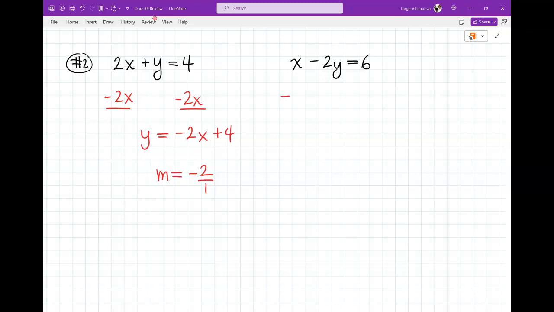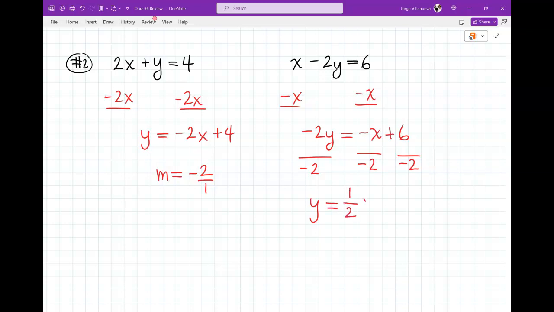Okay, same thing. Okay? Now let's solve the other one for y. So we'll move the x first. So negative 2y is equal to negative x plus 6. And then I have to divide everything by negative 2. So y is equal to 1/2 x minus 3.